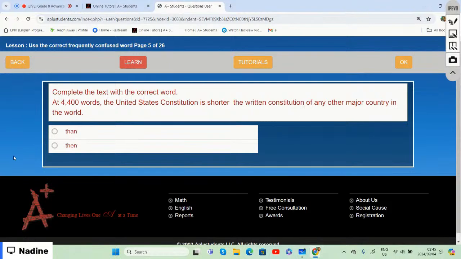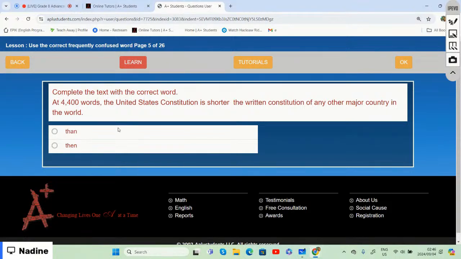It says, at 4,400 words, the United States Constitution is shorter.